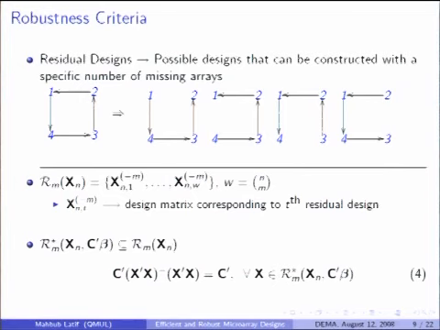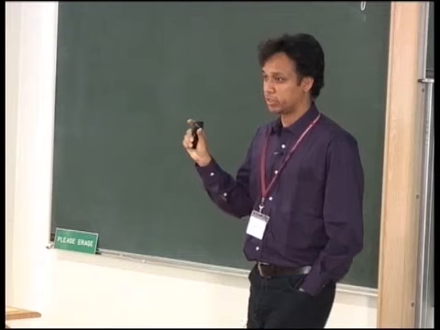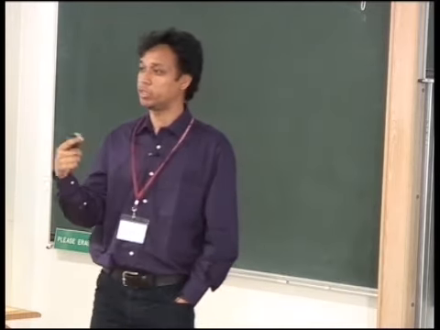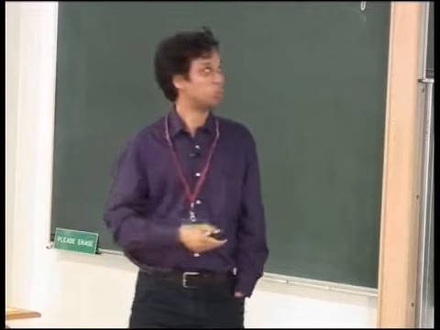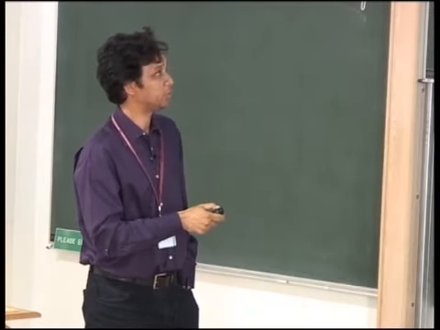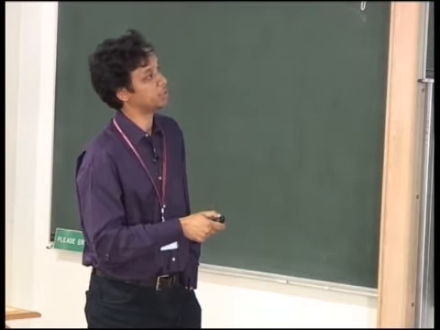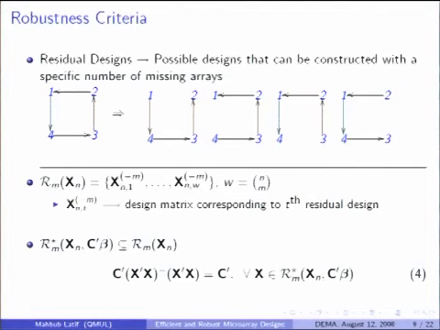And R sub m star is a subset of this R sub m. It only includes those design matrices for which the effect of interest is estimable. So this is the large set, and this is a subset of it. Or if all these residual designs can estimate the effect of interest, then these two sets are the same.